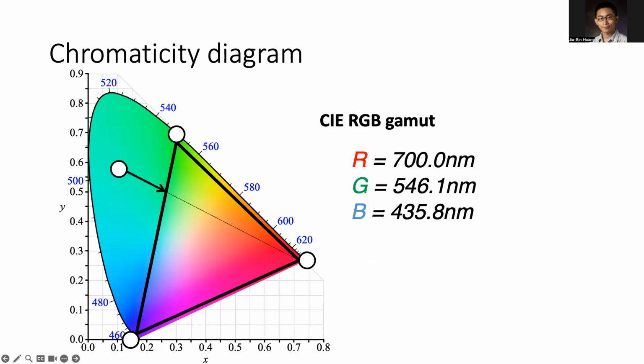Display manufacturers want to make this triangle as big as possible, because if you can make it as big as possible, your display will reproduce colors that are more vivid and more diverse. Okay, so this is one of the major design choices.